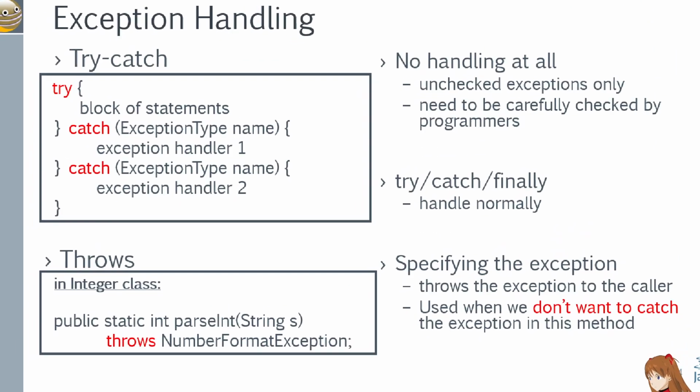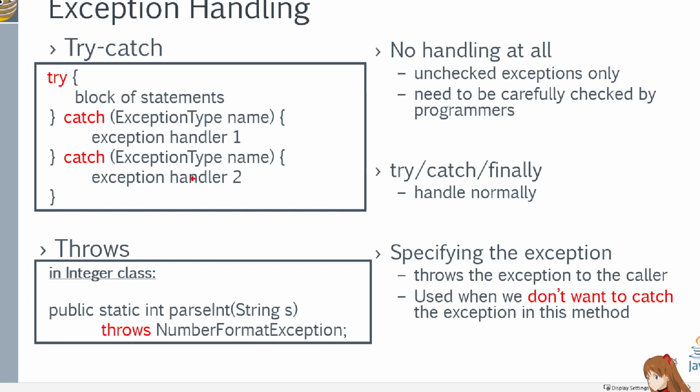So in this particular example, let's say the exception that takes place in the code here is actually this type. So what happened is the code will stop on the line that the exception takes place, and the control will jump right away to this catch block. Alright, the first catch block.